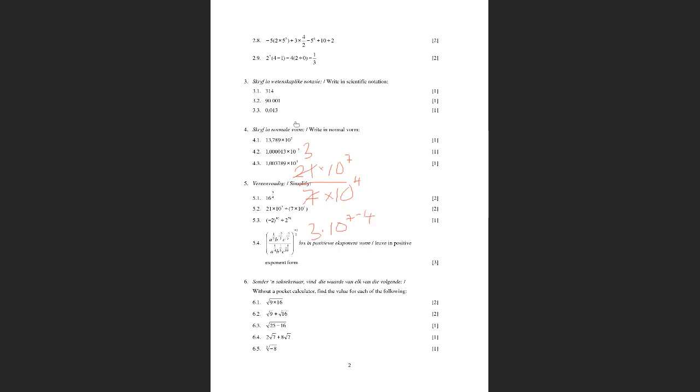Then we can get 3 times 10, 7 minus 4 is 10 exponent 3. Then you can simplify to 3,000. Any questions there?